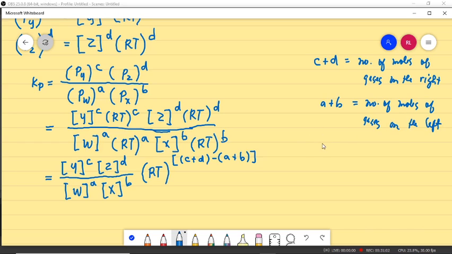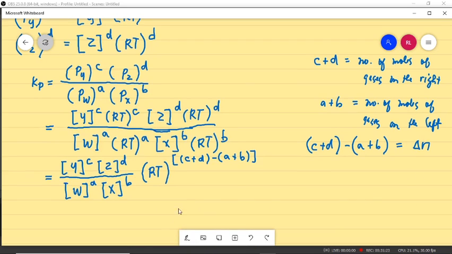In other words, since we subtract here, your C plus D minus A plus B is just equal to delta n.